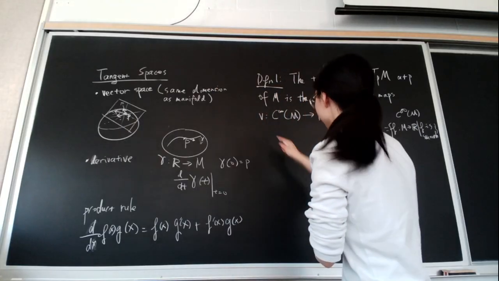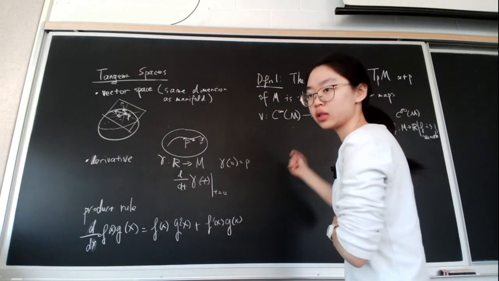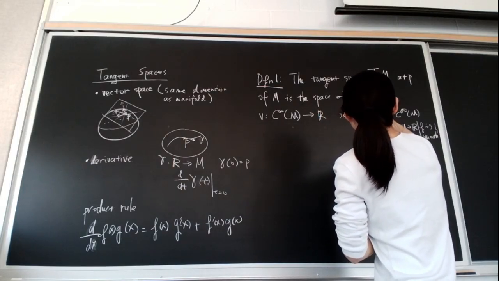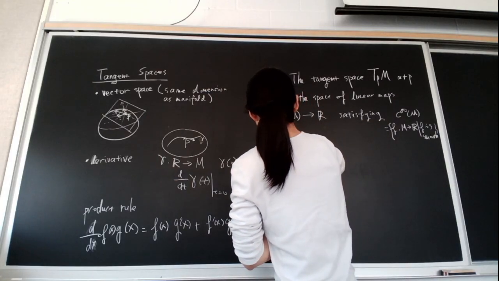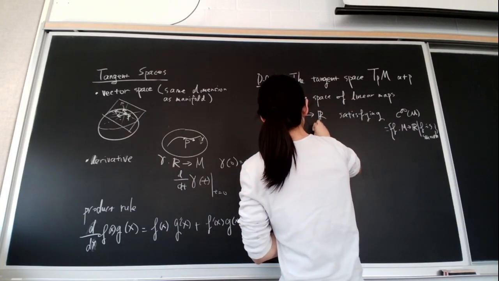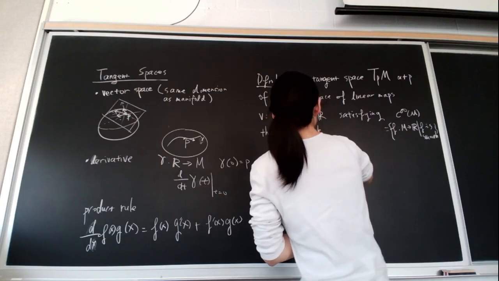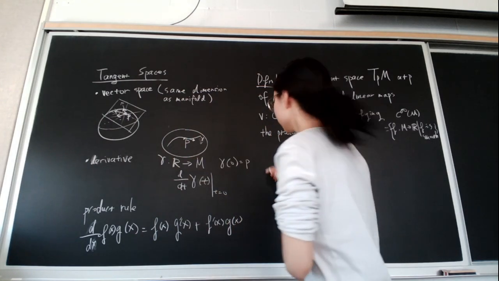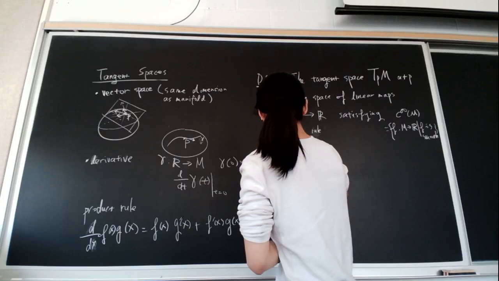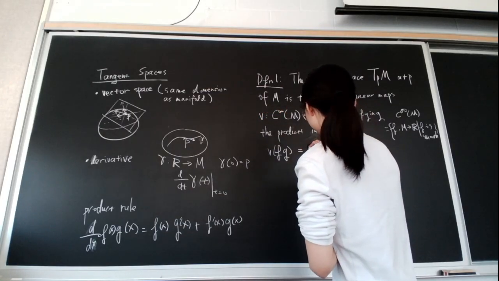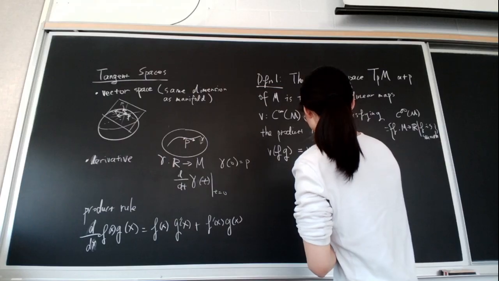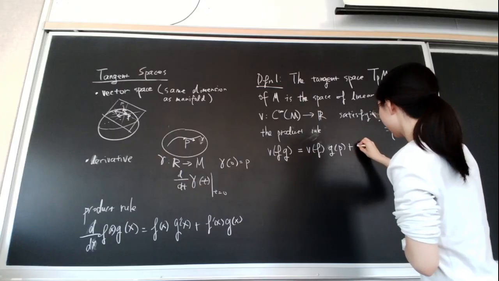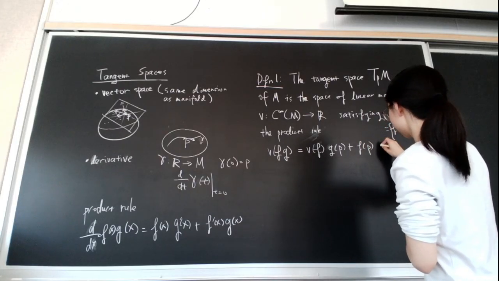Yes, so V takes in a smooth function and outputs a number, satisfying, so yes, we want all linear maps that satisfy the product rule, which is V of fg is equal to V of f times g at P plus f at P times V of g.